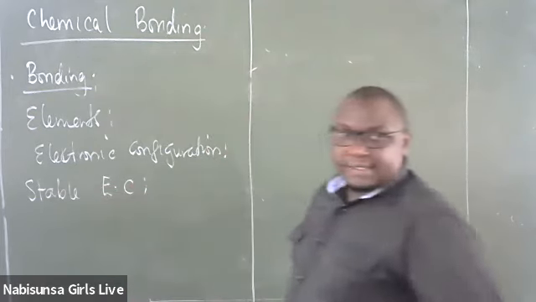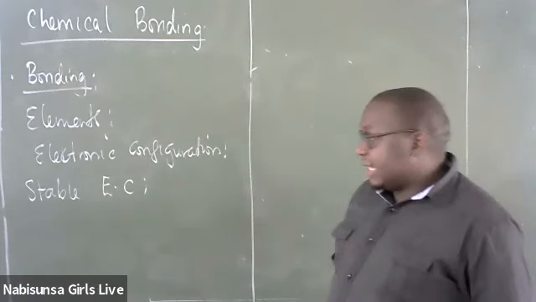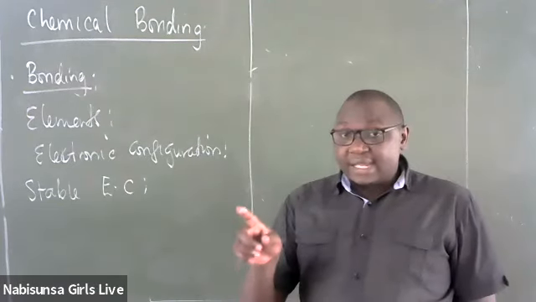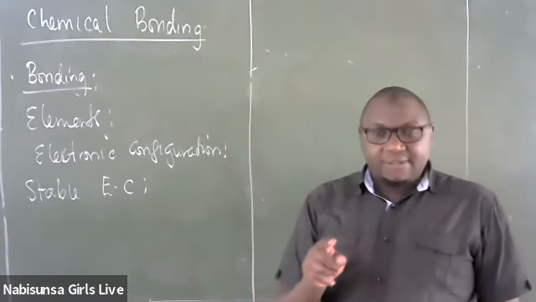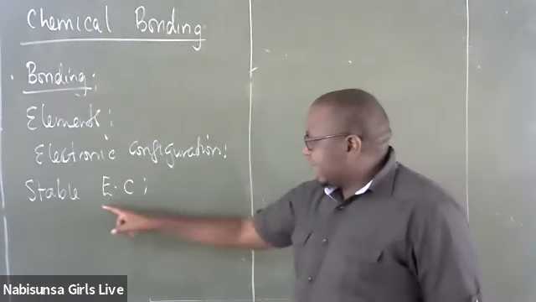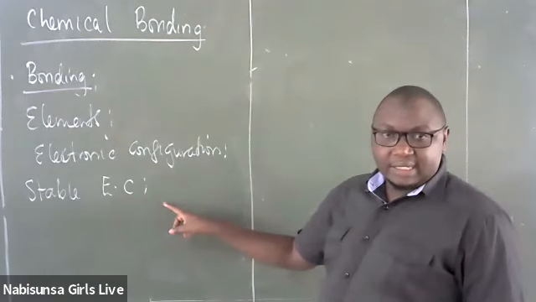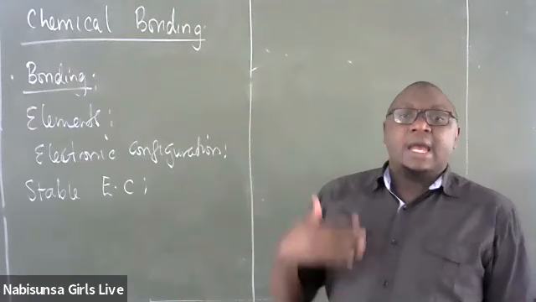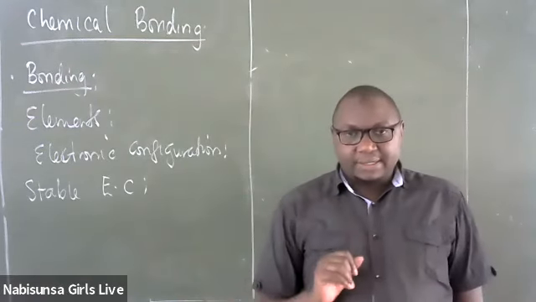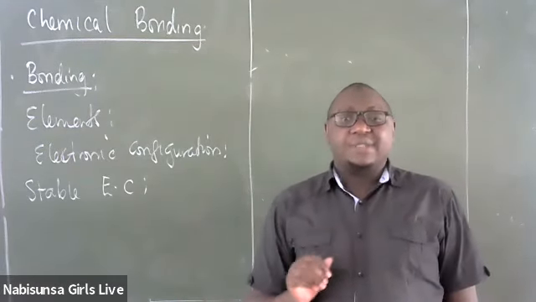In a stable electronic configuration, all the energy levels of a particular atom are fully filled with electrons. So these elements aim at attaining stable electronic configuration, where every single level they possess must have electrons to maximum capacity.